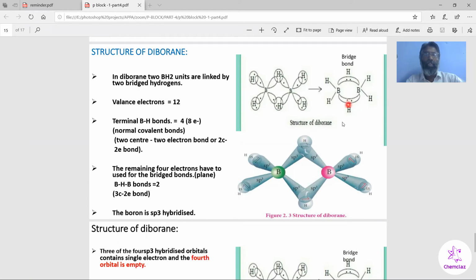We can discuss in detail. If you want to explain the structure, you should know hybridization. In methane, what is the hybridization? sp3.